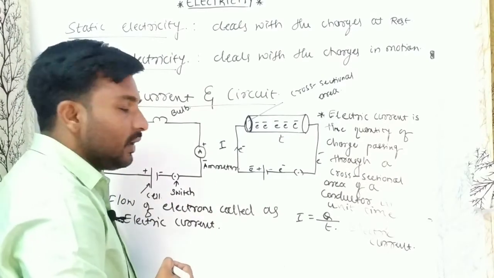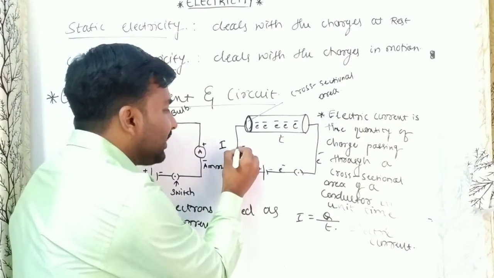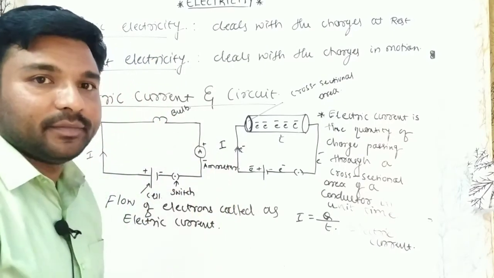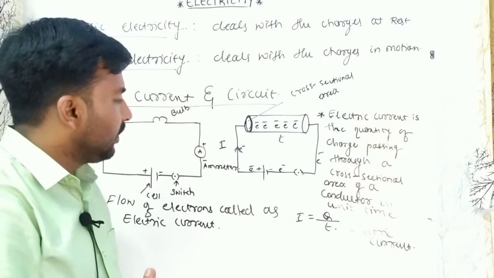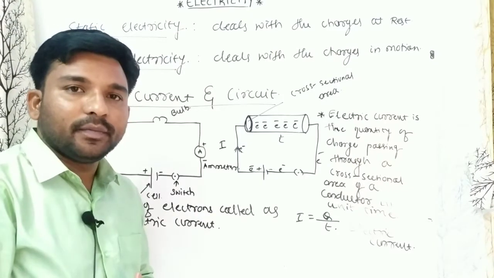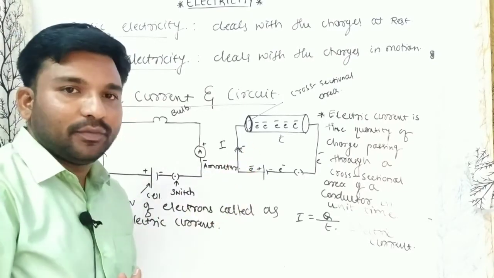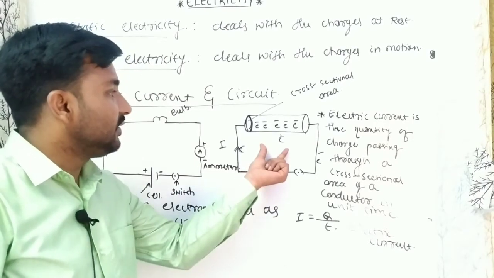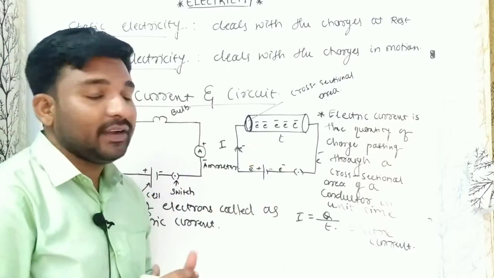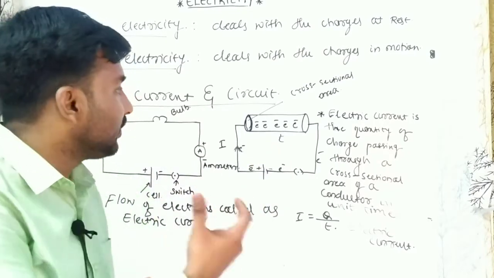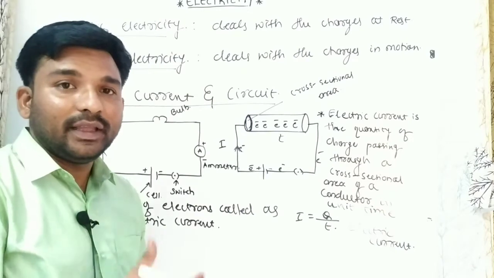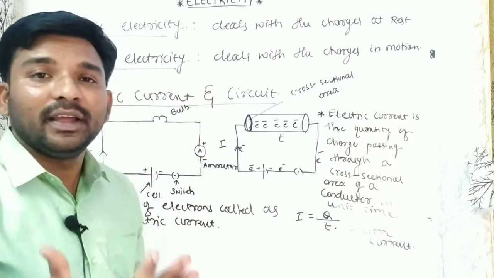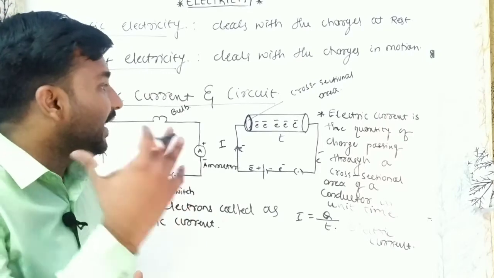But here we will take the direction of current from the positive terminal of the battery or the cell. Why? Because when electricity was invented, the discovery of electrons was not there. They used to think there are only positive and negative charges. There is no idea of electrons.